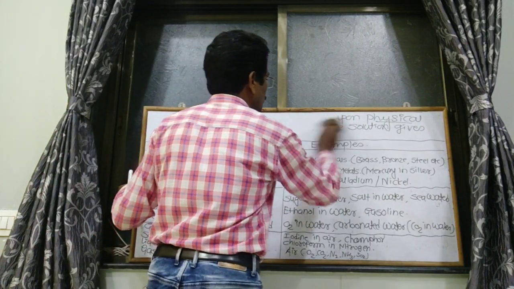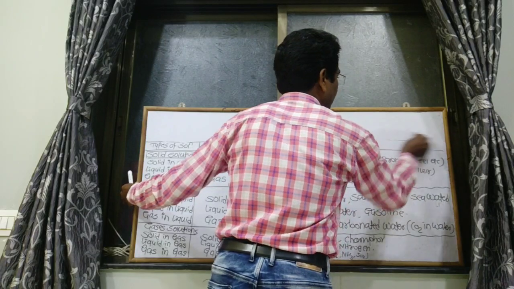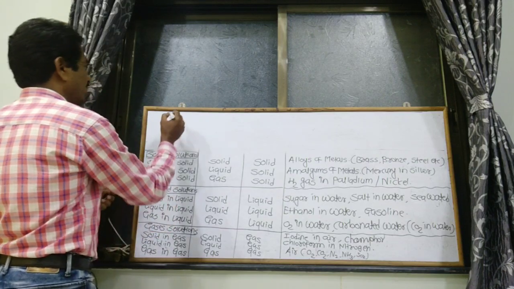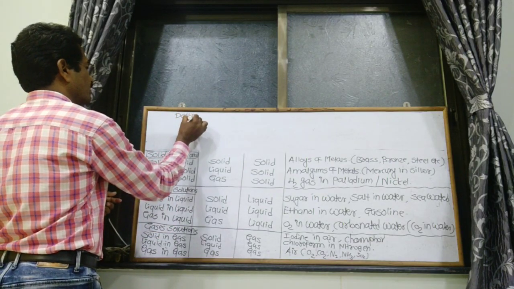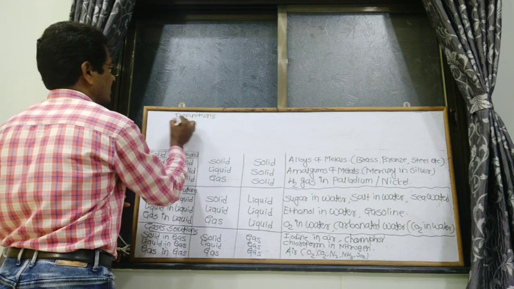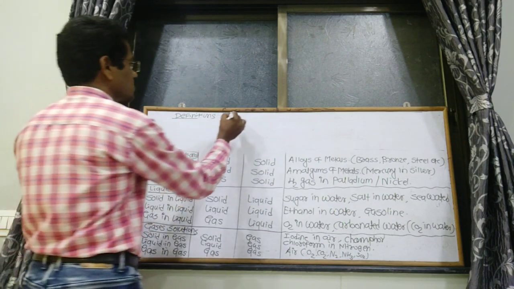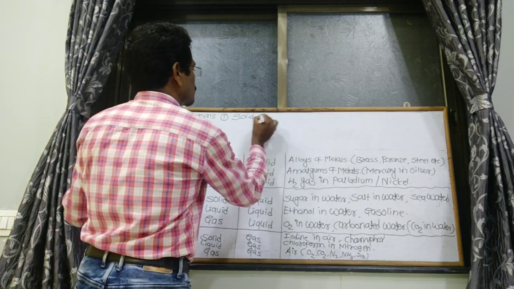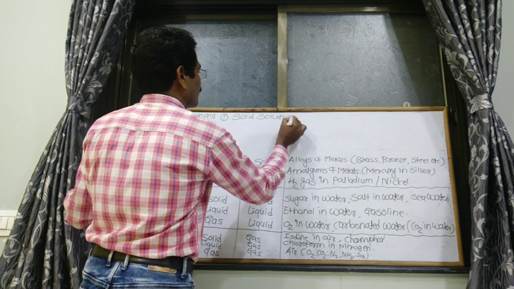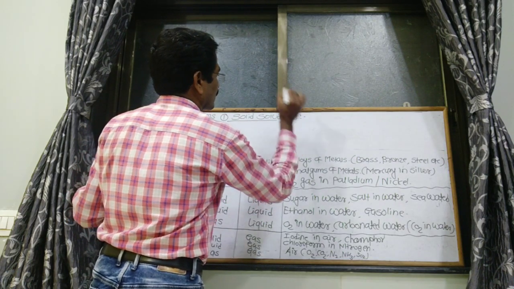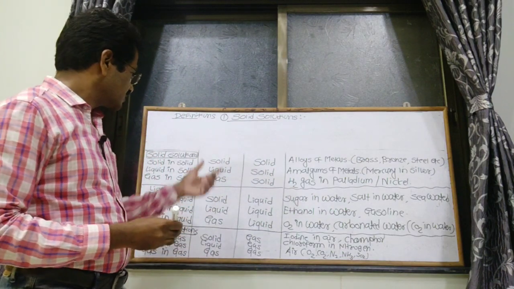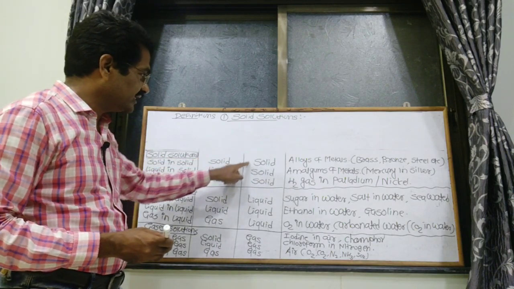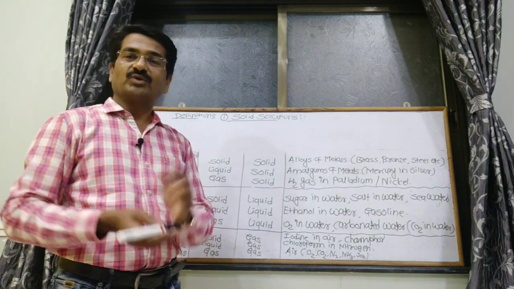First, solid solutions. What is a solid solution? All these are solid solutions, 1, 2, 3. Why? Because in all these solutions, the solid is the solvent. So what is a solid solution?